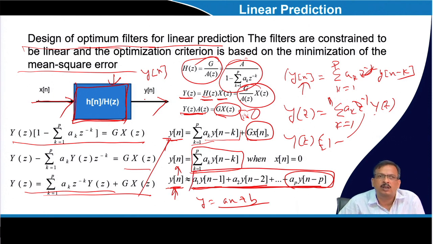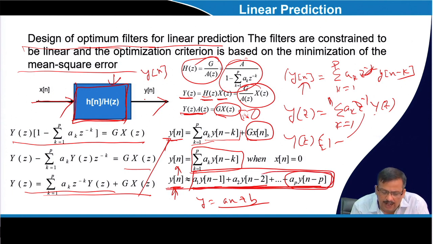But if you see, this is a single equation and there are p number of unknowns, a1, a2, up to a p. The samples I know: y n minus 1 I know, y n minus 2 I know, y n minus p I know, but I do not know a1, a2, a p. Let us give an example.